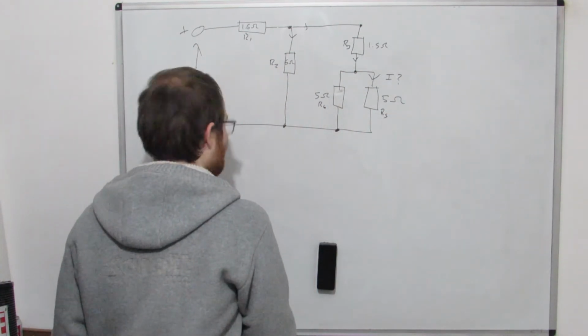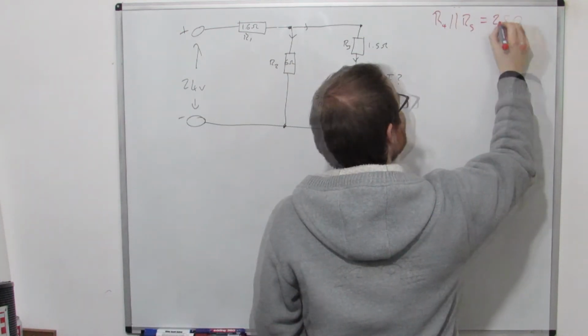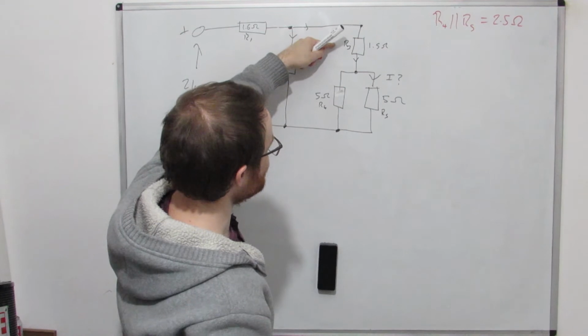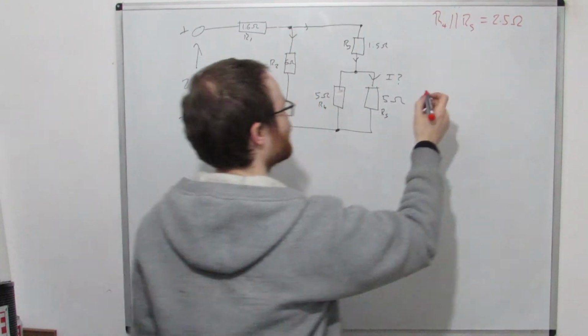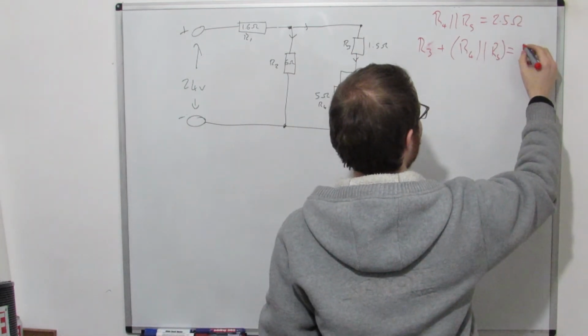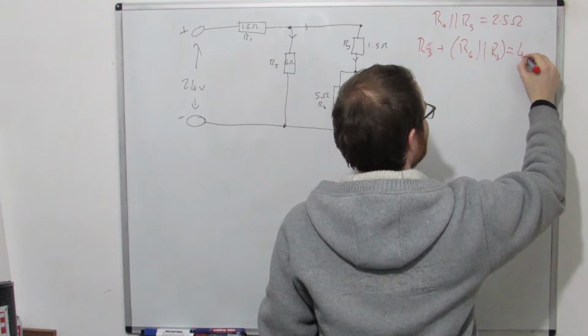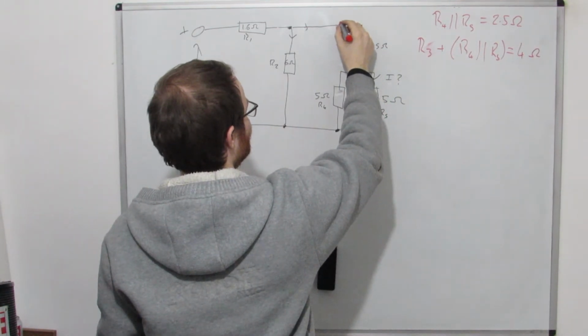So what we want to remember is that R4 in parallel with R5 is 2.5 ohms. And so that then means that R3 in series with R4 in parallel with R5, a bit of a mouthful, 1.5 plus 2.5, remember this was 2.5, which is 4 ohms. So we know this whole leg here is 4 ohms.